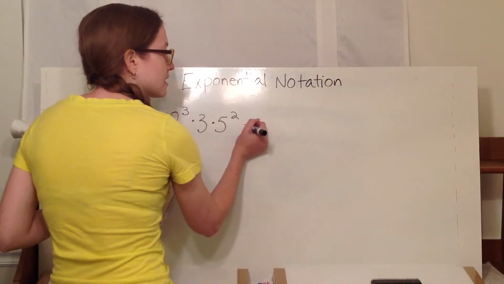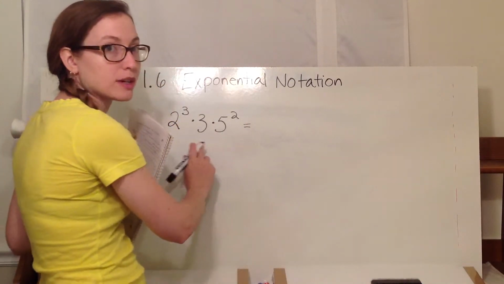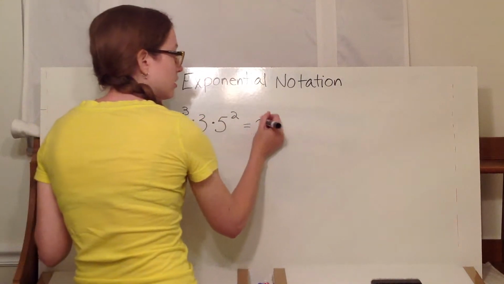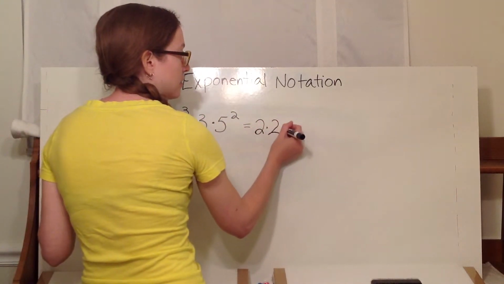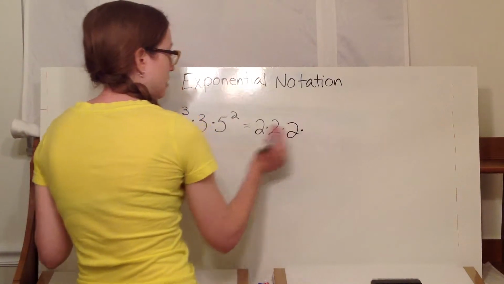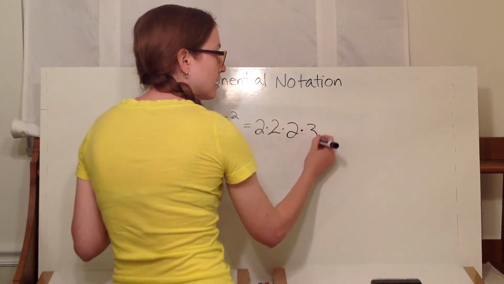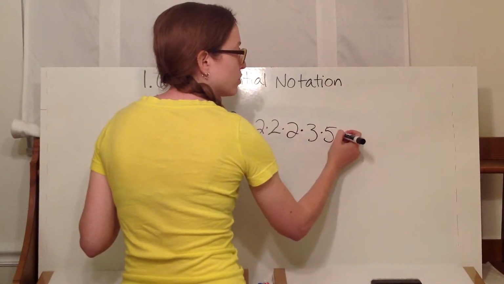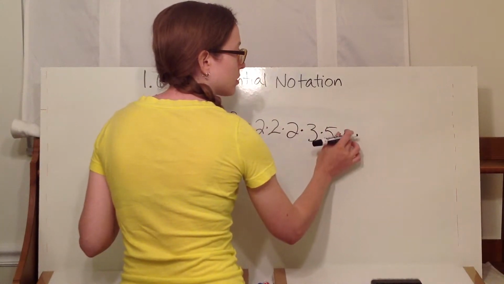So to write this exponential notation into expanded form, I would write 2 times 2 times 2, I have a single 3, and I have 5 times 5 as well.